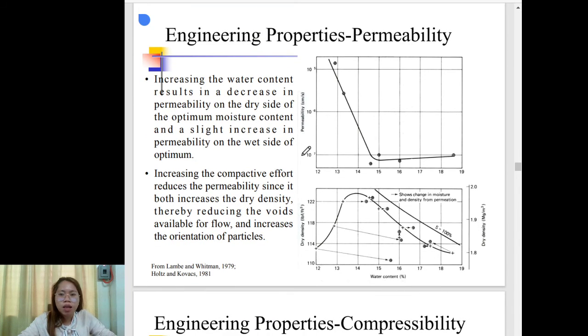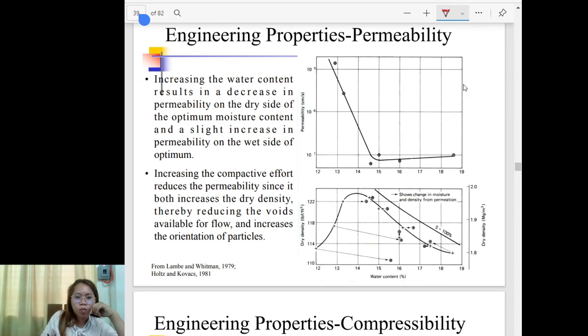Then, in terms of permeability, increasing the water content results in a decrease in the permeability on the dry side of the optimum moisture content and a slight increase in the permeability on the wet side of optimum. Like this one.